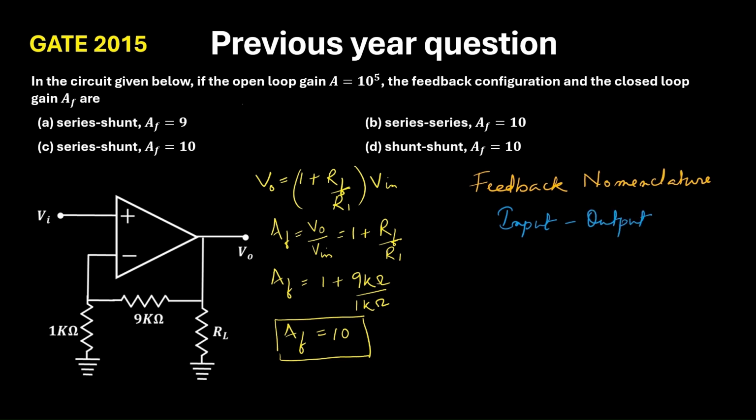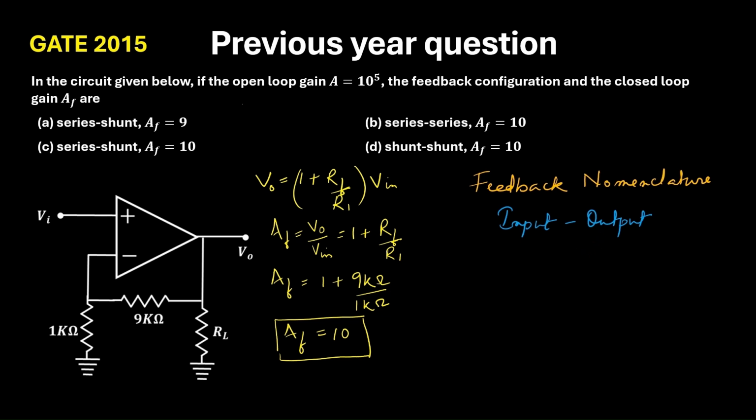Here, when I say input, it is giving the information of what type of input signal is given, whether it is a voltage or a current. And in the output, it says what type of output signal is taken, whether it is a voltage or a current.